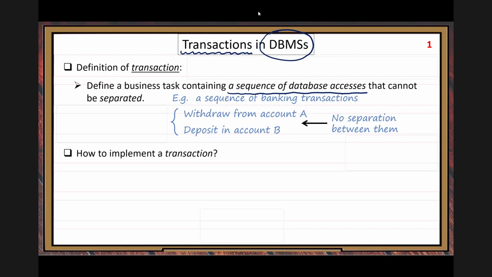Otherwise, the DBMS does not know what group of data accesses are treated as one transaction. You, as a programmer, need to tell the DBMS how to define a transaction block of database accesses. Define the starting point of a transaction.